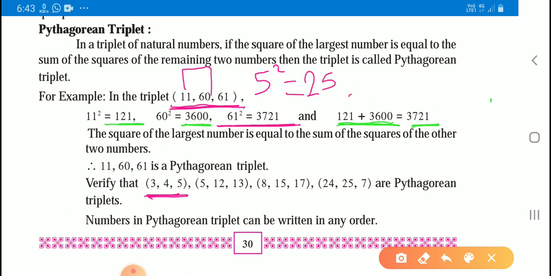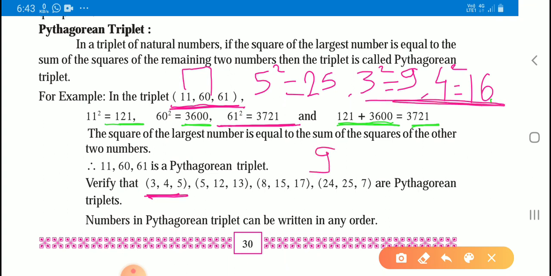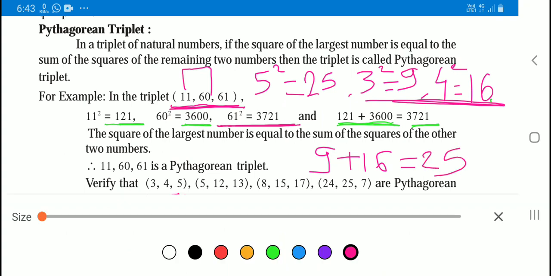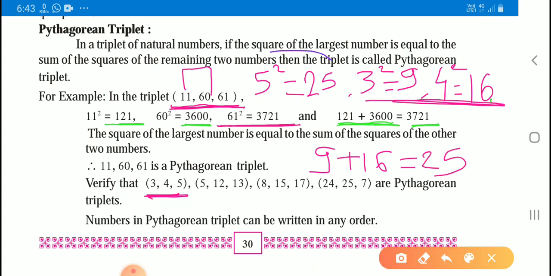Now the other two numbers: 3 square is 9 and 4 square is 16. If you add 3 square and 4 square, 9 plus 16 is equal to 25, which is equal to 5 square. So this first one is a Pythagorean triplet. In the same way you have to verify the remaining numbers, whether they are Pythagorean triplets or not, using the same method.